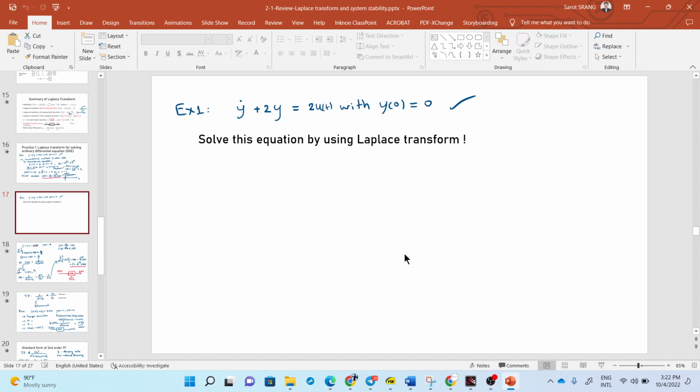Okay, so try to solve this. I just want to know how you remember about that transform.